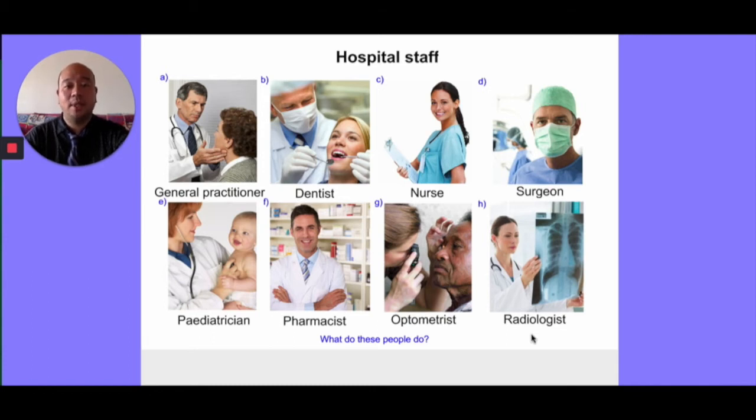And in this picture, we can see the radiologist holding up an X-ray scan. So the radiologist is in charge of helping you to take X-rays and then analyzing the X-ray scans to determine what the problems are. Okay, so these are the different kinds of hospital staff. Let's carry on.